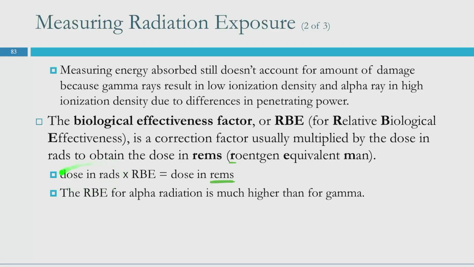So if you take your dose in rads, joules per kilogram body weight, and then you multiply by your relative biological effectiveness factor, this will give you your dose in rems. And this rem is the number that would be more important for thinking about how much damage you actually receive.